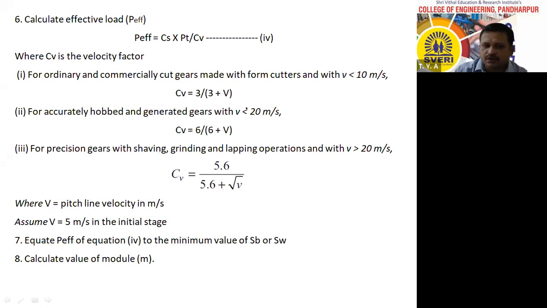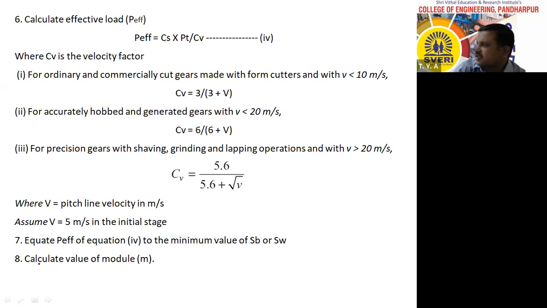Here V is the pitch line velocity in meter per second. Now what we have to do? We have to assume V is equal to 5 meter per second in the initial stage. Then equate P effective of equation 4 to the minimum value of SB or SW.